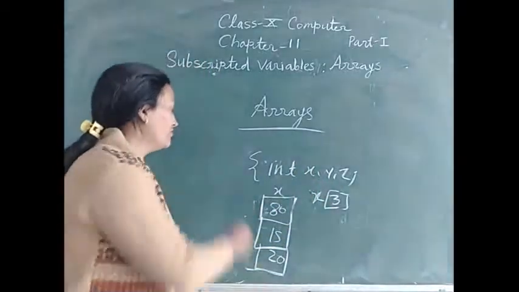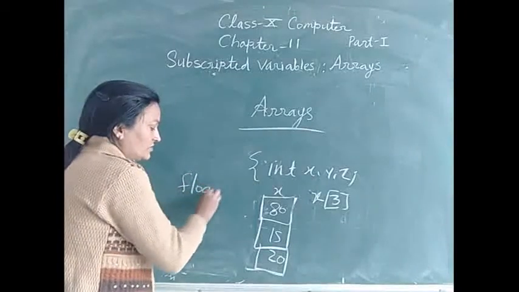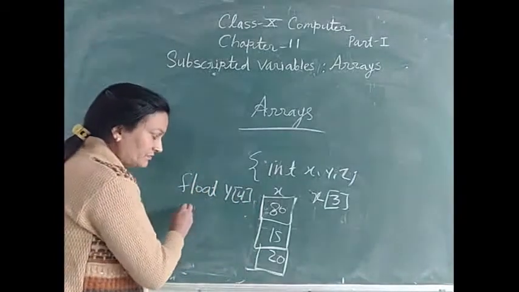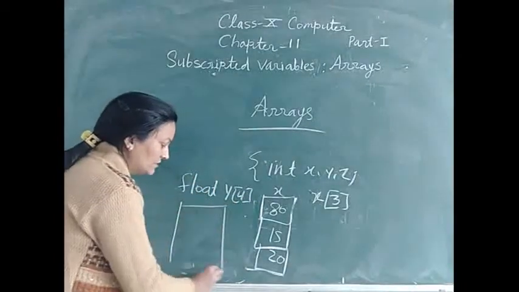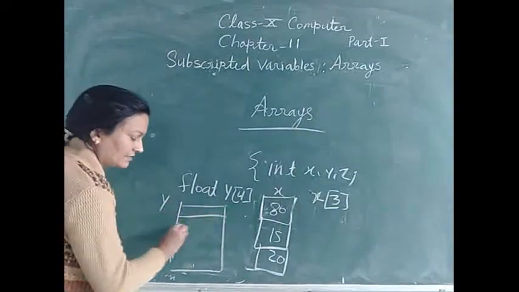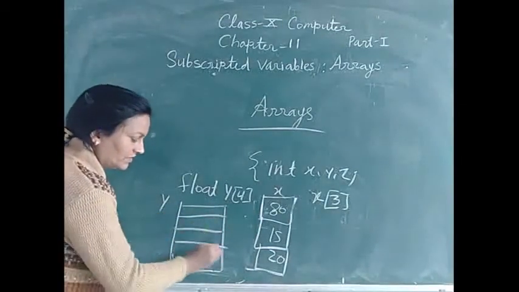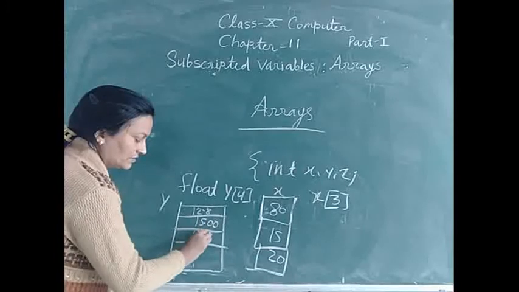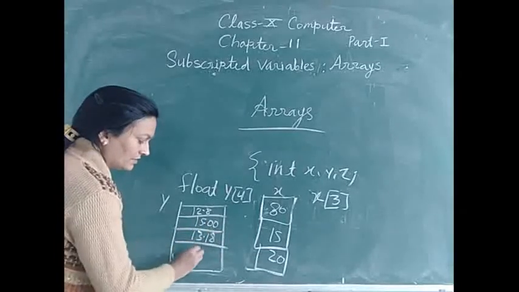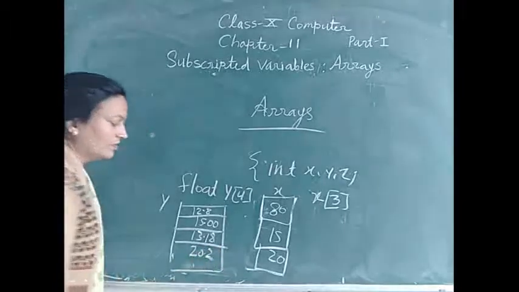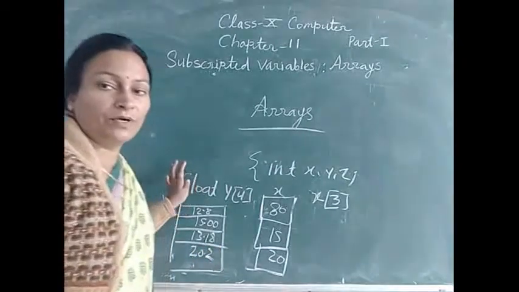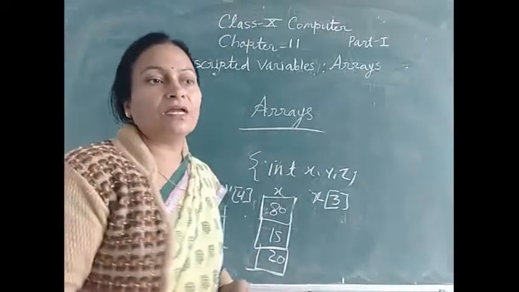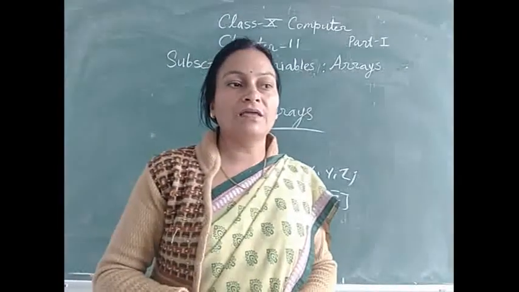For example, if we take an array whose data type is float, y is the array and its size is 4, then we only take float values in this array, for example 15.00, 13.18, 20.2. So we only store float numbers, real numbers, in this array. So an array is a sequence of data in memory where all data are of the same type.